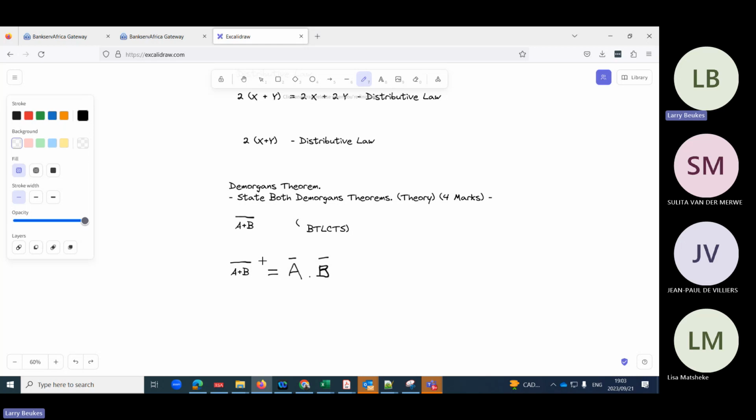In cars nowadays, if the doors are open, the lights will be on. So he's saying that even if you get a not A and a not B, you will still get the same output as this. Do you get my point?